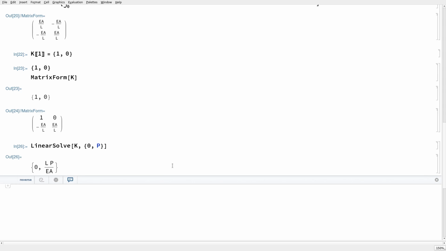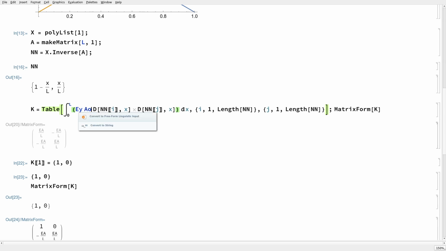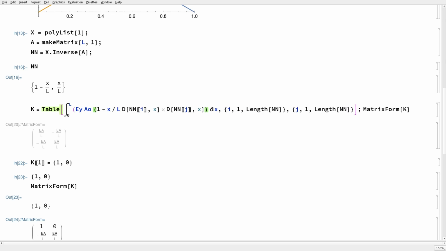EA is the Young's modulus times A, the cross sectional area, but in this case, the cross sectional area is uniform, right? We can make a non-uniform cross sectional area if you want. For example, going back up here, I'll write EA is equal to A0 times 1 minus X over L. So that's a perfectly conic section where A0 is the right-hand side, right?